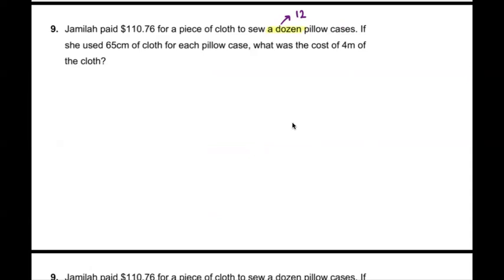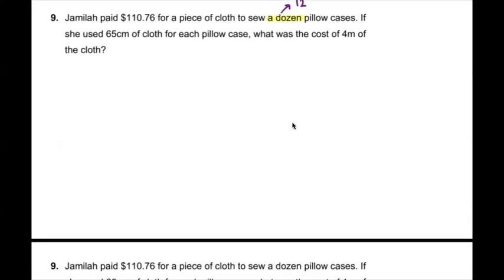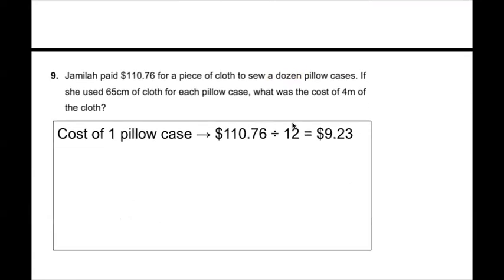All right, so first, $110.76 for 12 pillowcases. So your first step, you can find one pillowcase, how much does it cost? All right, so $110.76, you can divide it by 12, which will give you $9.23.